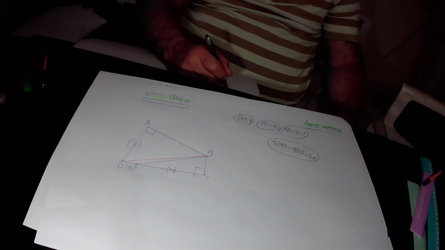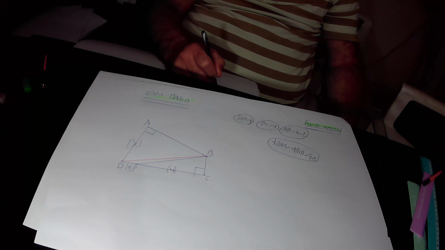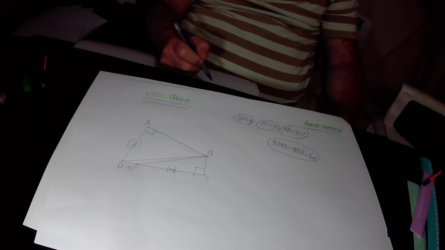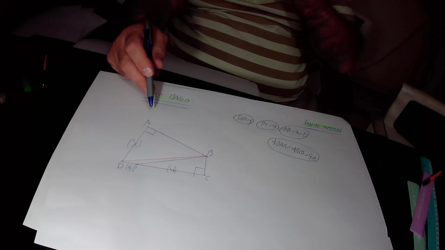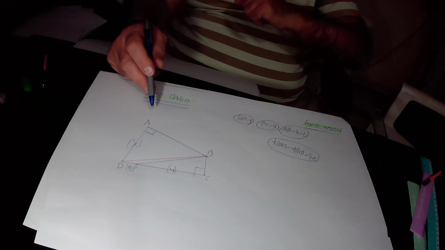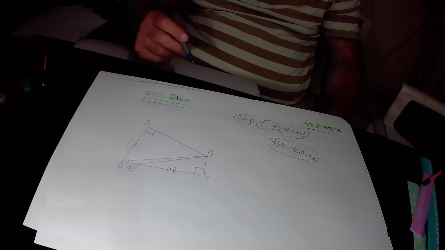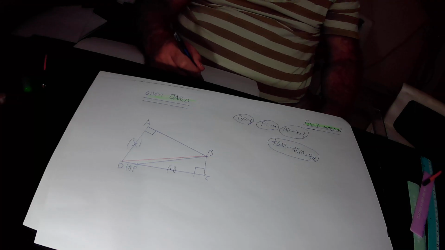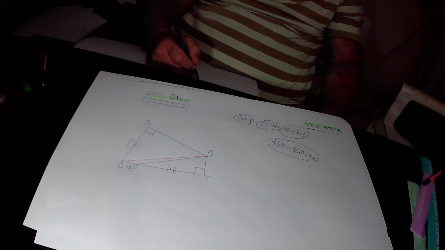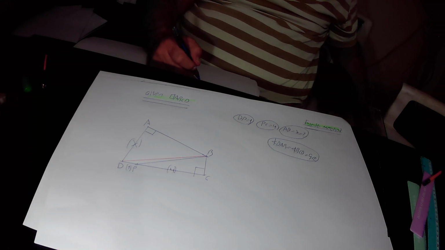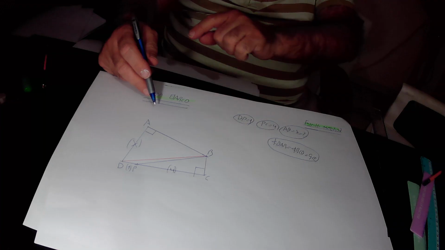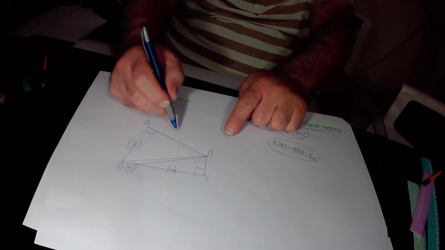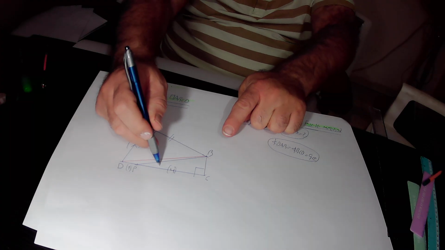It is BD squared equals AB squared. AB is also a missing side, so leave it as it is. Here we know that AB equals BP.